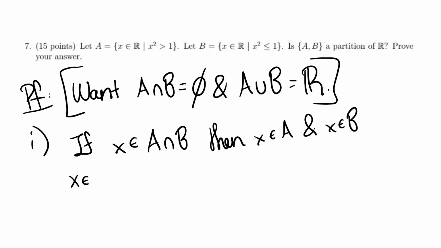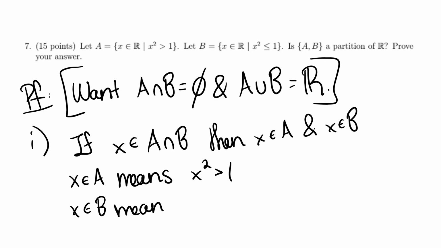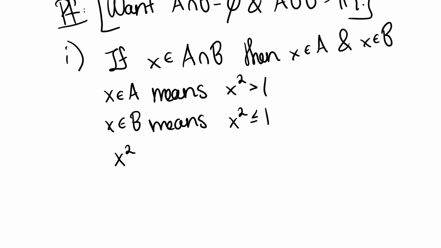Okay. So X is in A and X is in B. X is in A means X squared is bigger than 1. X is in B means X squared is less than or equal to 1. Well, maybe how I could say it is X squared is either greater than 1 or less than or equal to 1, but never both.